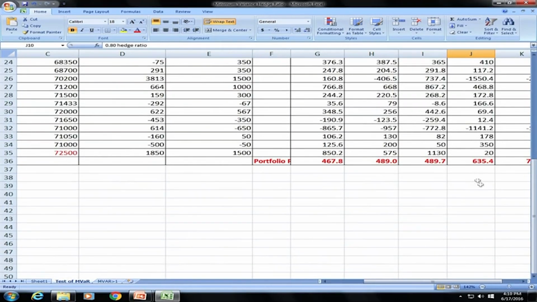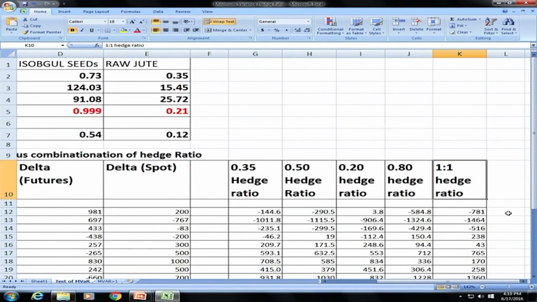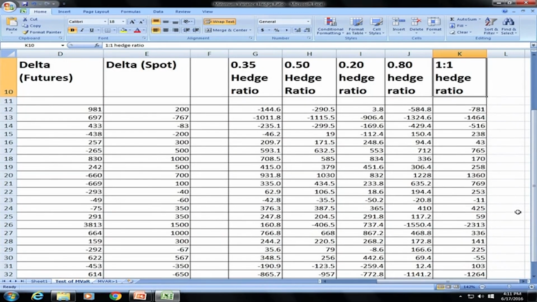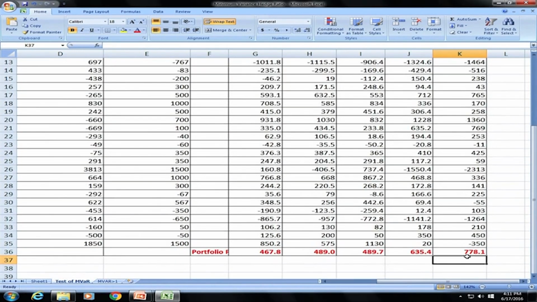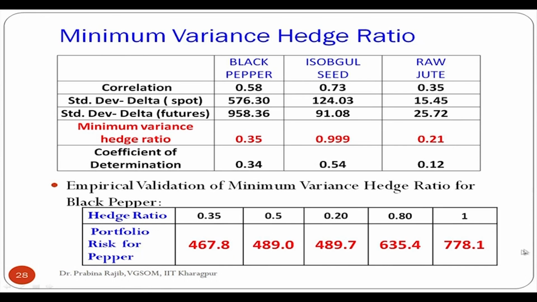With 0.80 as hedge ratio, portfolio risk is 635.4, and with a 1-to-1 hedge ratio, which is our naive hedge ratio, where 1 unit long on the asset is hedged by 1 unit of futures contract, the portfolio risk comes to 778.1.